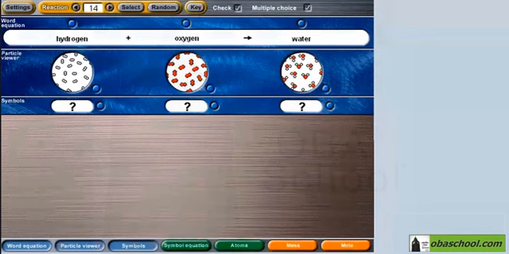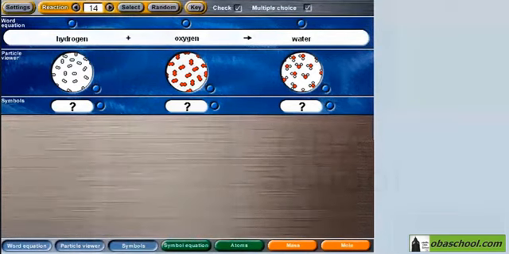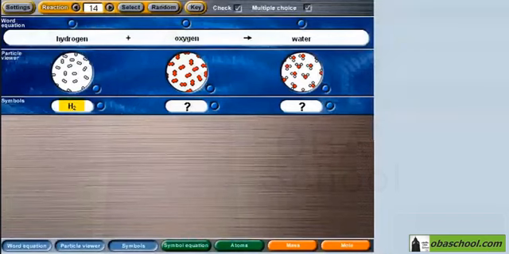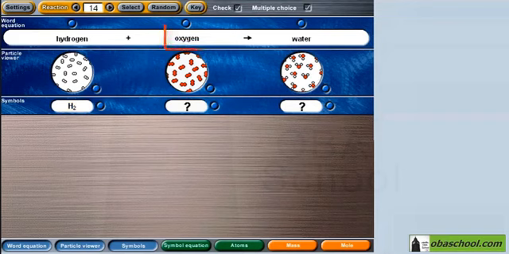To write the simple equation, we should write the symbols of each reactant and each product. What is the symbol of hydrogen? Well, the symbol of hydrogen is H2. What's the symbol of oxygen?